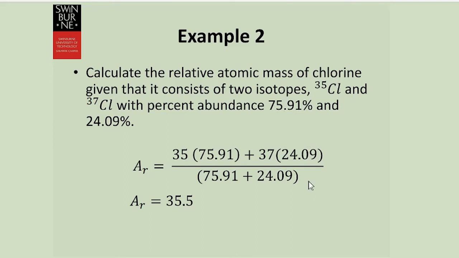Mostly the total will be 100%, but sometimes a small percentage is not considered, so maybe it will be 99.99 something. That is also okay. So altogether we find the relative atomic mass for chlorine is 35.5, and this is the mass you will find on the periodic table.